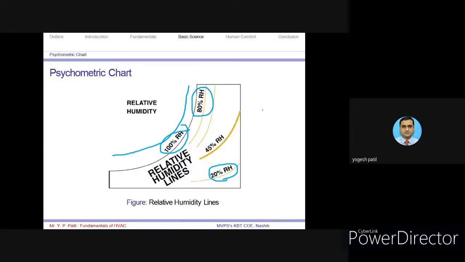The lines that cross the vertical lines at intersections, with opposite angles, indicate the relative humidity.